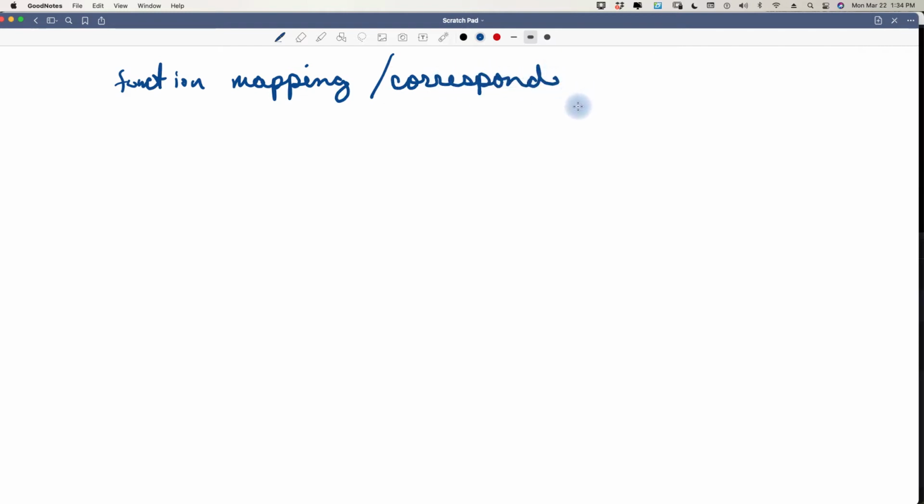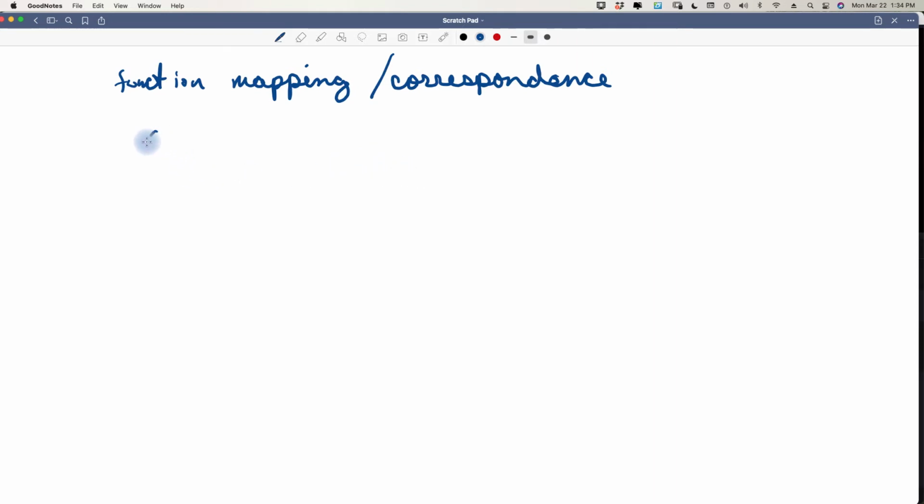So we have a couple of illustrations of a function mapping, or they also call it a correspondence. The reason they call it a correspondence is that the x values correspond to a y value.